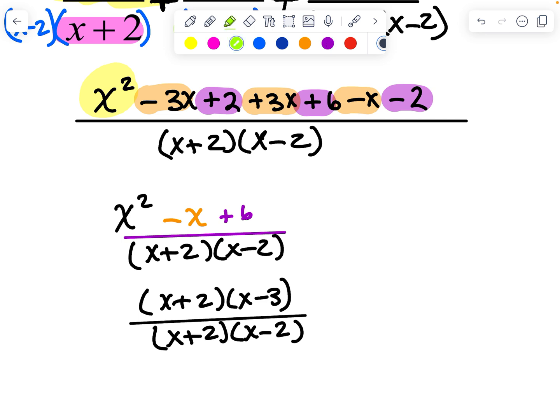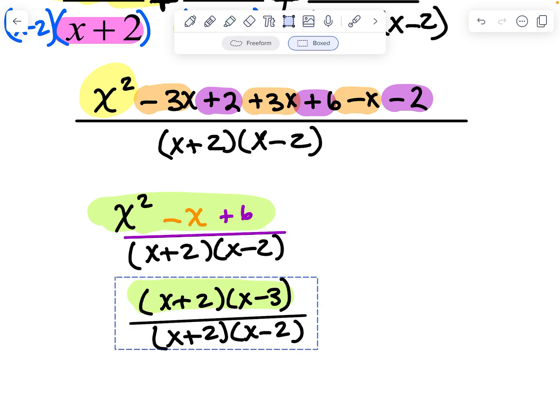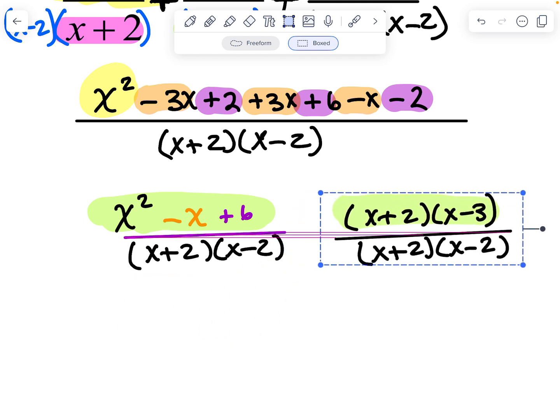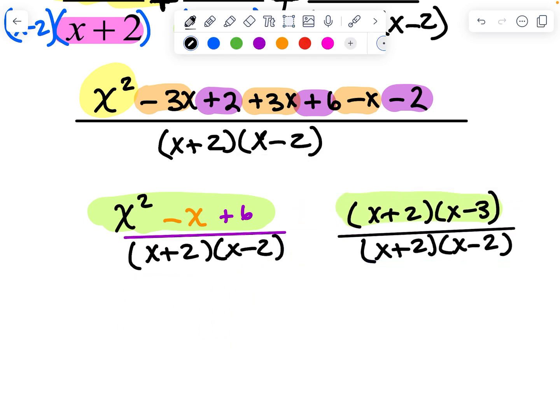I'm going to slow that down. This factored becomes this. Maybe this would be easier if I would have written it beside it. I don't know that that makes it better. And then, friends, these cancel. Boom, boom. So final answer, x minus 3 over x minus 2.